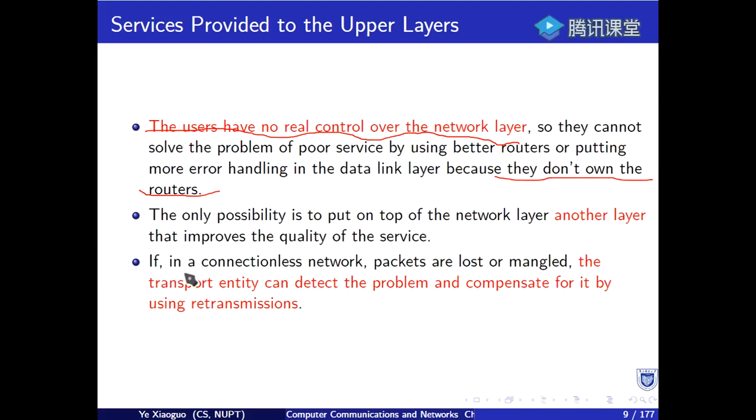If, in a connectionless network, packets are lost or mangled, the transport entity can detect the problem and compensate for it by using retransmission when an error is detected.